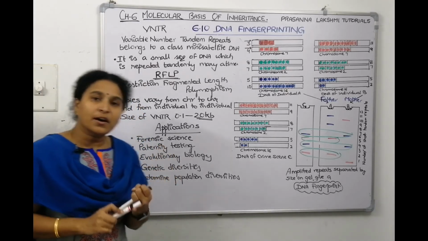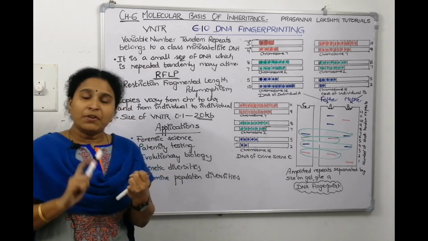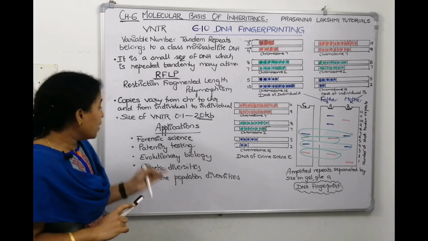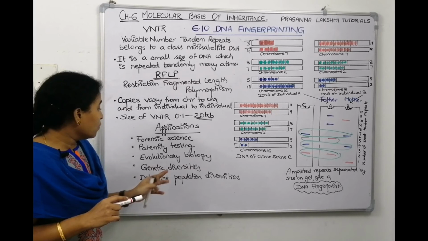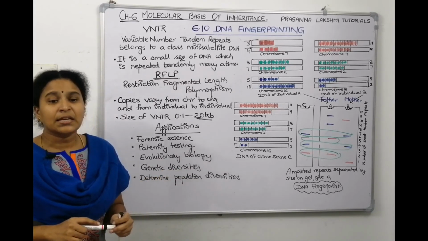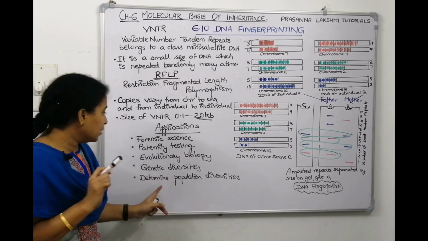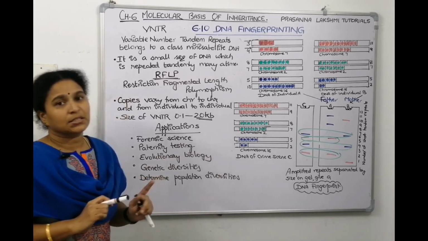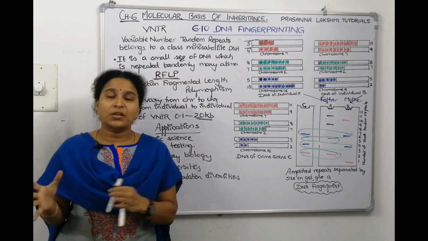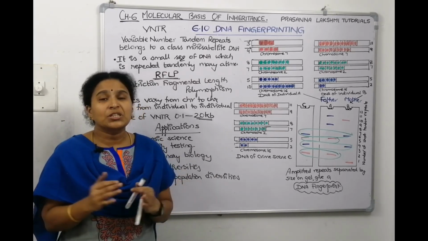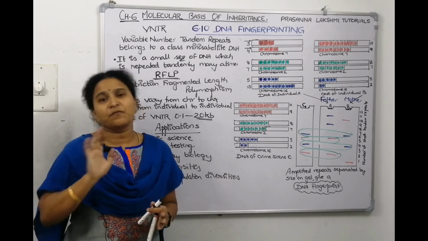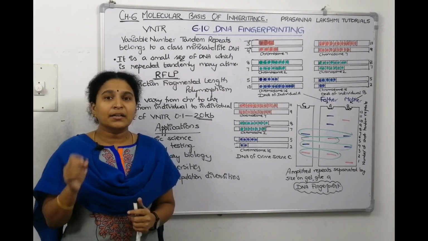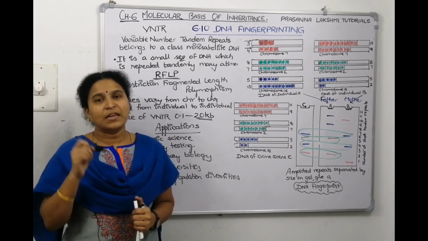We can use it in forensic science, criminal investigation, for paternity testing, to trace out the evolutionary biological background, to find out the diversities, and to determine the population diversities. Population diversity: from one population to another, how many genes are different, how are the VNTRs different, what is the size of VNTR. Every point, every line of NCERT we covered.